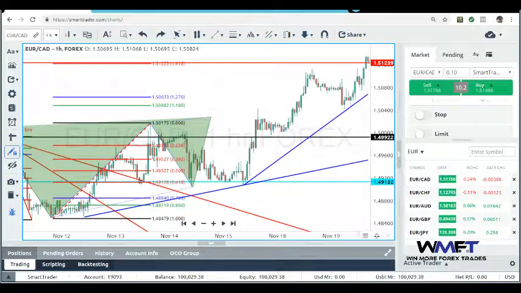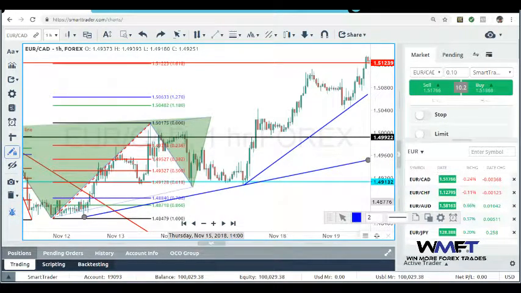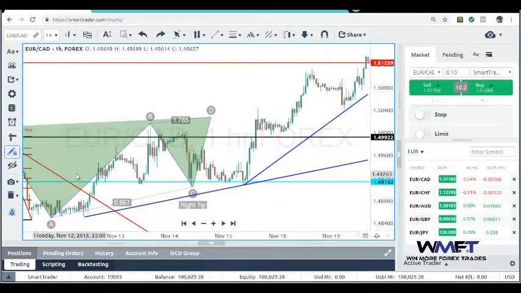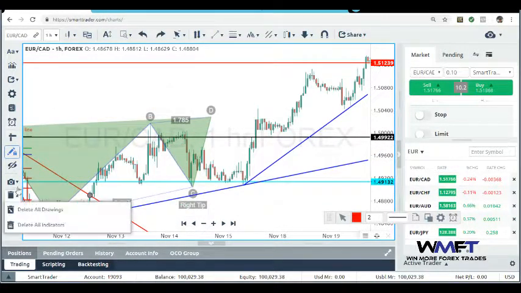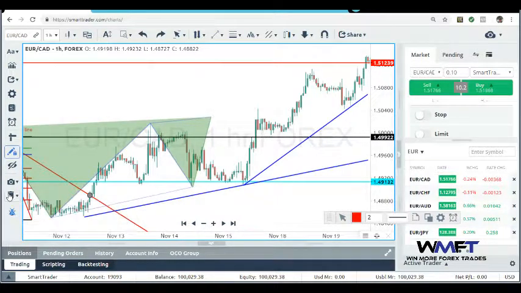Hold on, guys. Let me get some stuff off my screen here. Alright, we can go ahead and get rid of that. And oh no, don't get rid of the trend lines, but get rid of those Fibonaccis, clean the screen up a little bit. Just get rid of all this.